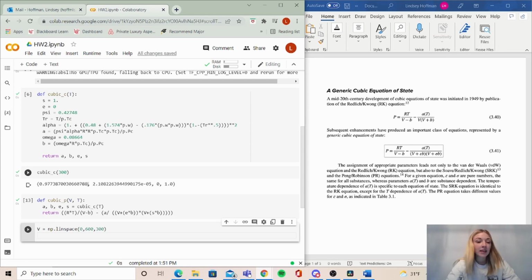And the other one we need is pressure, which we already have from our defined cubic P right here. That's defining our pressure values.